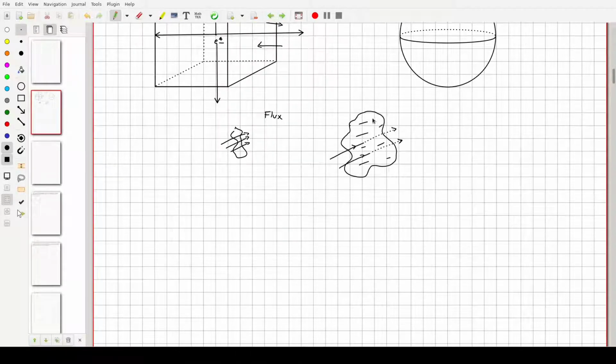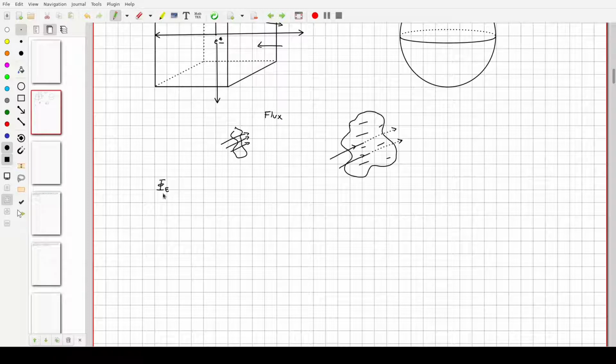The way we would define our flux around this would be how much of this field actually makes its way through the surface times the area of the surface. So there are two different ways you can define this, and I'm going to talk about why the definitions look the way that they do here in a moment.